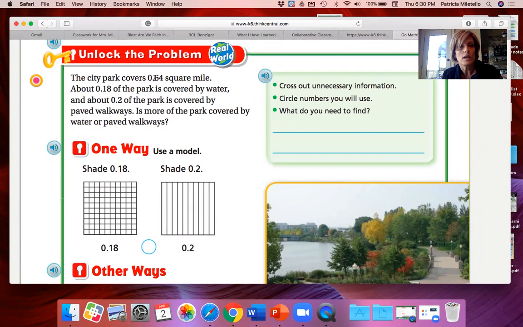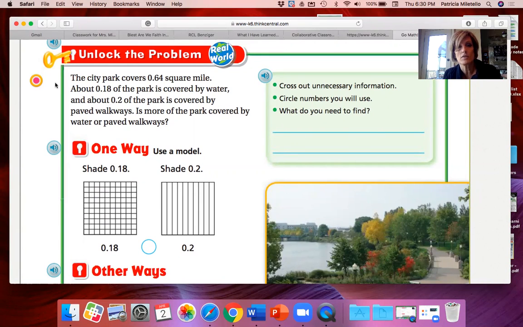Well, up here it told us how big the whole park was. I don't know if that's a necessary piece of information that we need. We don't really need to know how big the whole park is. We only need to know whether this number, 18 hundredths, the amount covered by water, is more than this amount, 2/10.